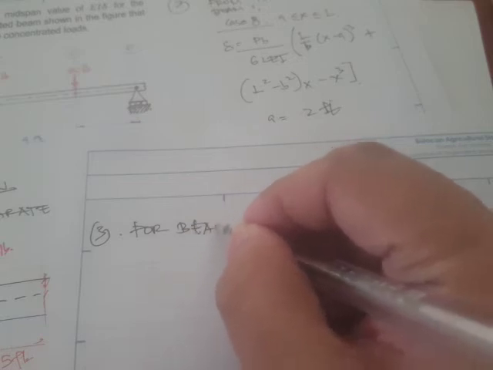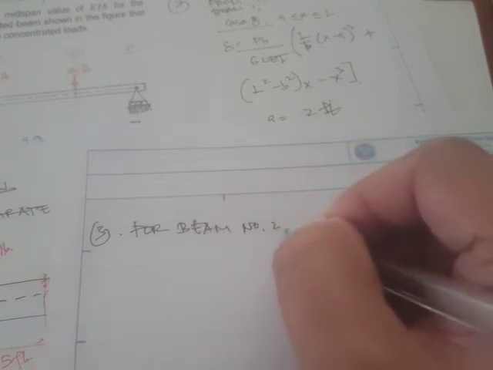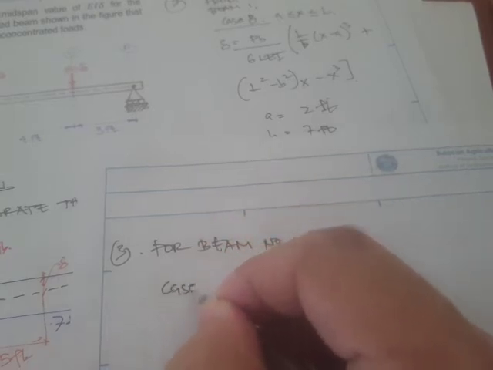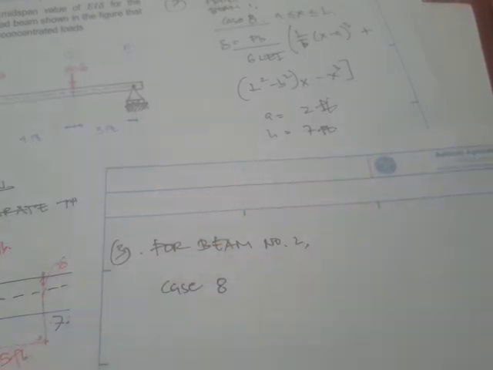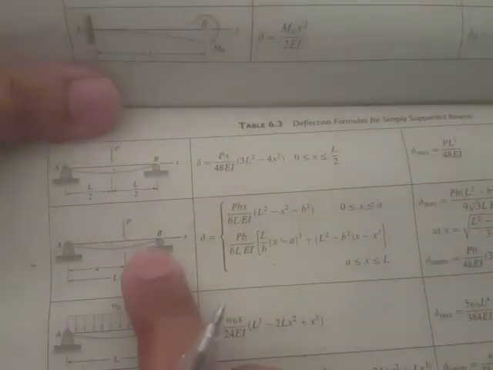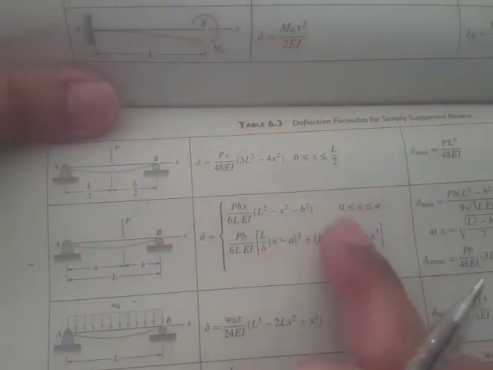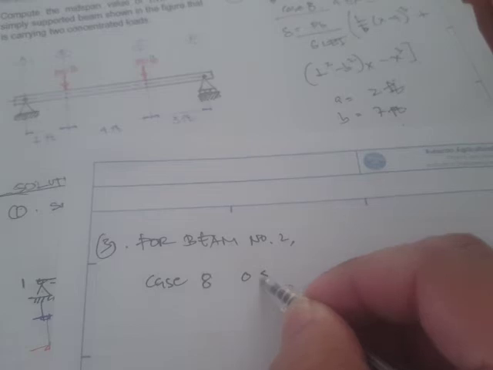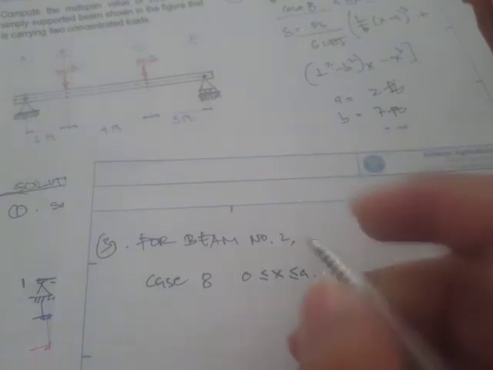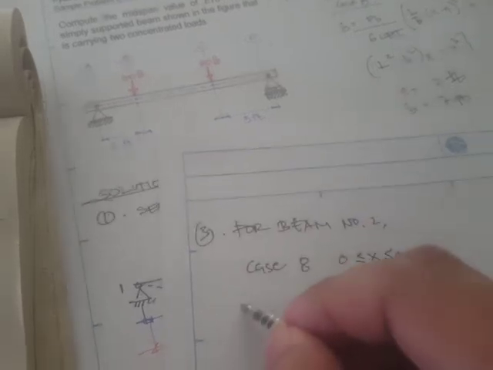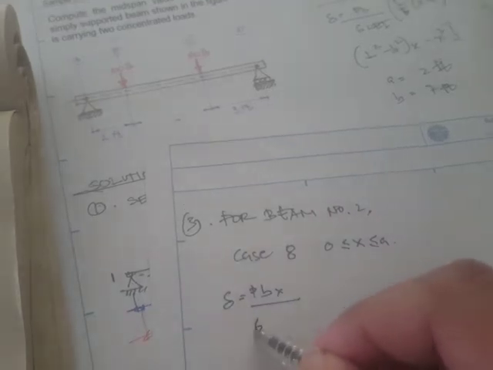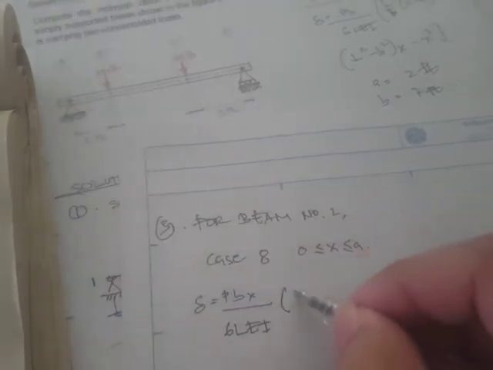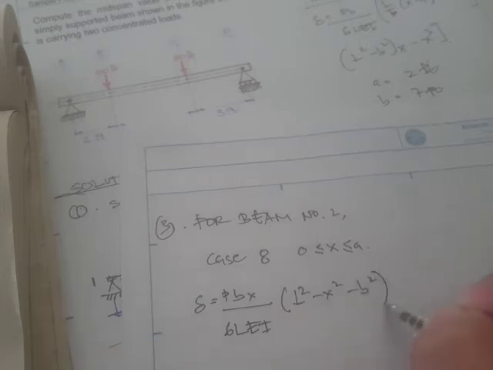Okay, so for beam number 2, this is still at case 8, because it's still a concentrated load, but we will use this expression: 0 is less than or equal to x, is less than or equal to a, and the equation is b times x, over 6l EI, times l squared minus x squared minus b squared.